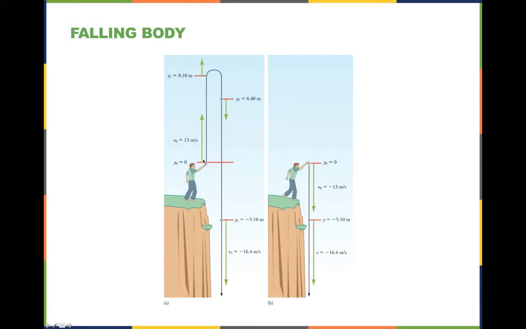This is just another way of looking at it. You start at y equals 0, you throw it up at 13 meters per second, and its displacement is up to a point of 1.8 meters high, and you notice the velocity vector gets smaller from here to here. It's 13 meters per second here.